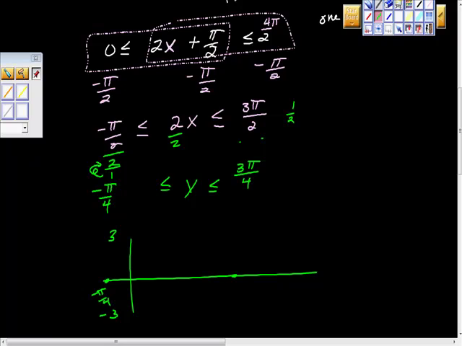It's a sine function, so it's going to go up like this, back down, and back to here, right? This is negative 3, and this is positive 3. Sorry about the scale of this thing. The scale's not right, but this is negative pi fourths to positive 3 pi fourths. Isn't that a distance of pi? So that's right, isn't it? Okay, hopefully this was helpful.